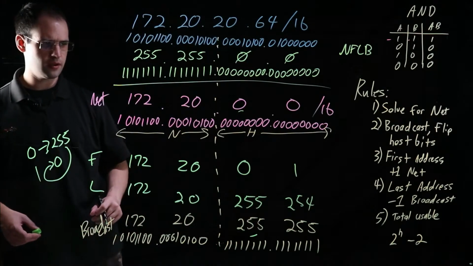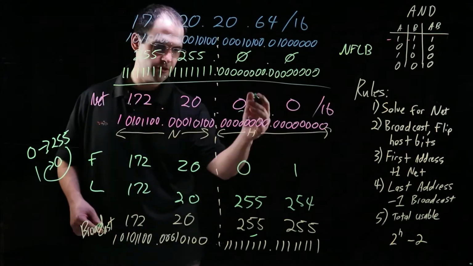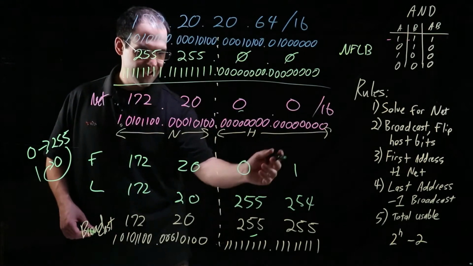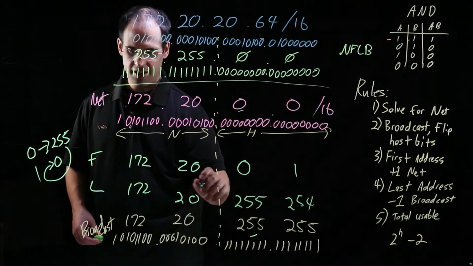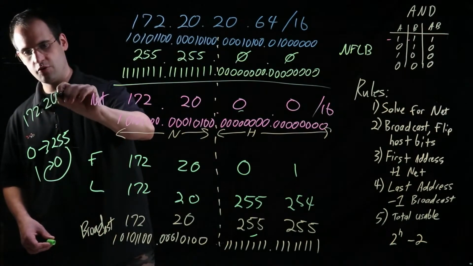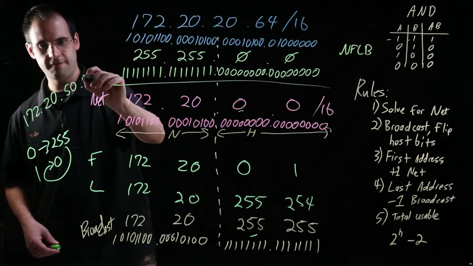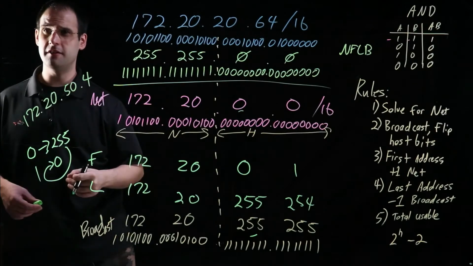All right, and this was just a little aside here, but I just want you to see the pattern here where we might have a network. So a valid IP address on this network could be 172.20.50.4. Is that valid?